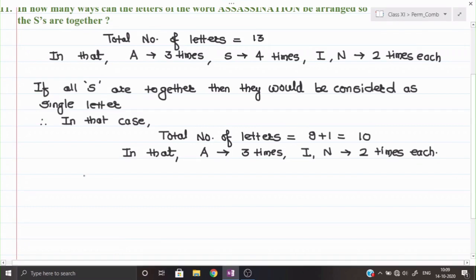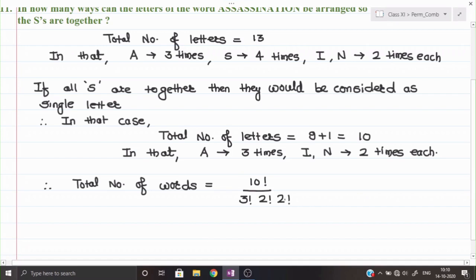Okay, so here we can say that, therefore, total number of words is equal to, now since total letters we have here are 10, that will come as factorial 10. Okay, now a is coming 3 times, so we shall write down factorial 3 into factorial 2 into factorial 2.